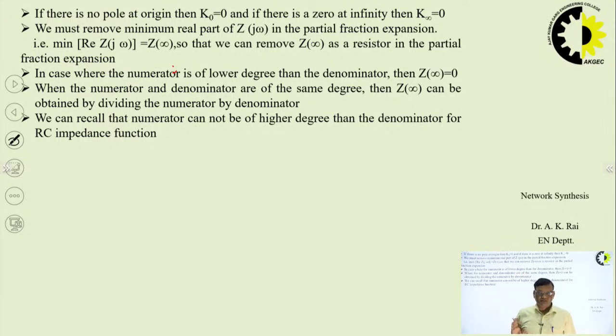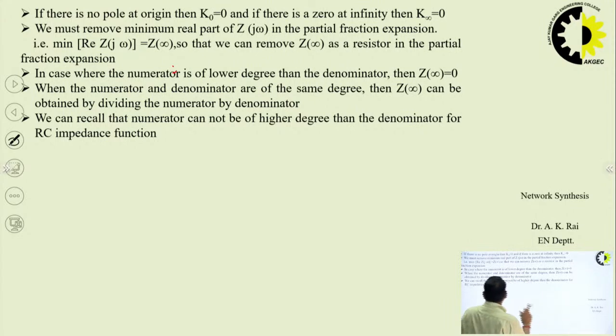When we do this exercise, when the numerator and denominator degree is the same, it must be done without disturbing the PRF property. Suppose we divide the numerator by the denominator and we get some negative terms in the remainder, then we cannot remove, because the condition is that we can remove only without disturbing the positive real function property.